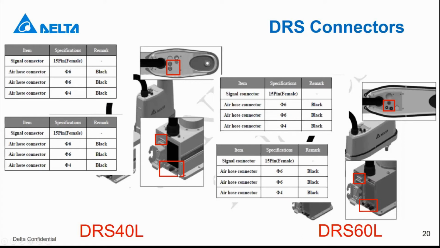On the base of the robot, we have one D-sub connector with digital input-output signals, and also the air hoses here. They go through the robot arm itself to the second arm, and you can connect here to the robot tools. Then you don't need to wire the air hose or digital input-output signals outside on the robot arm. It can go through inside the robot. For the 6L series, the basic design is the same.